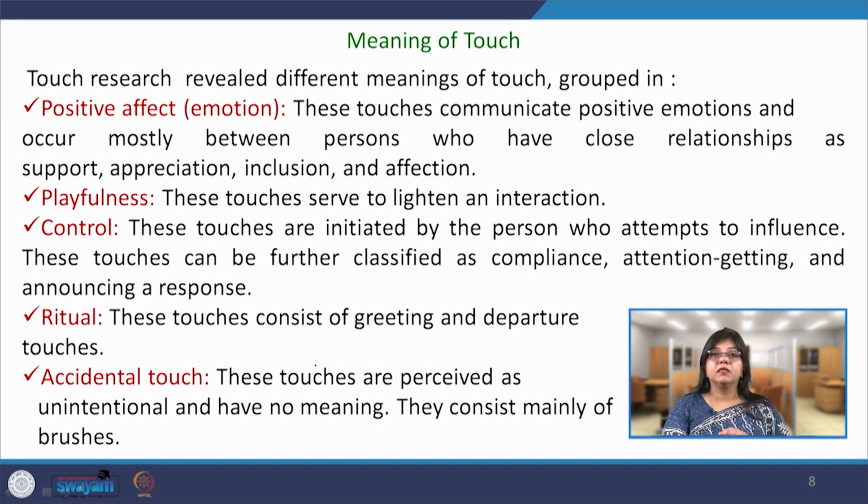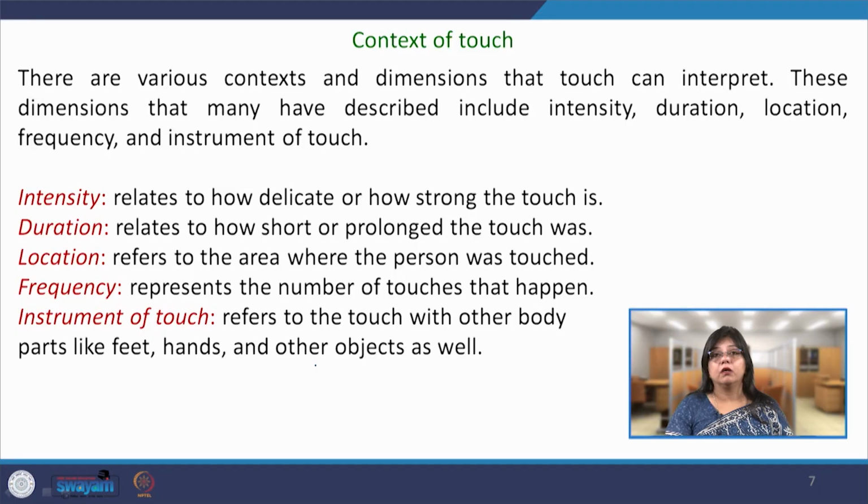These touches are perceived as unintentional and have no meaning and are mainly brushes. For instance, in any crowded place when we are passing by, we tend to brush with the other person, which has no meaning, which is accidental, and the person has no criteria to decode or infer any message in that touch. So, this is how it is along with the intensity, duration, location, frequency and instrument of touch.